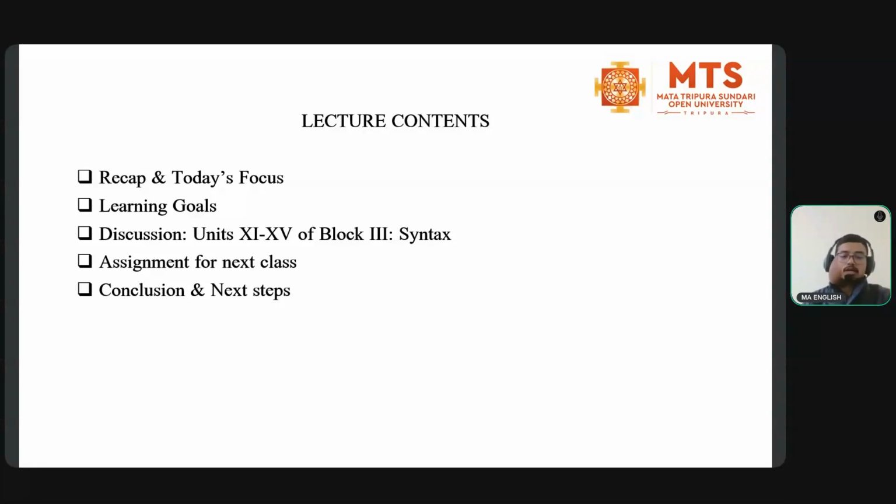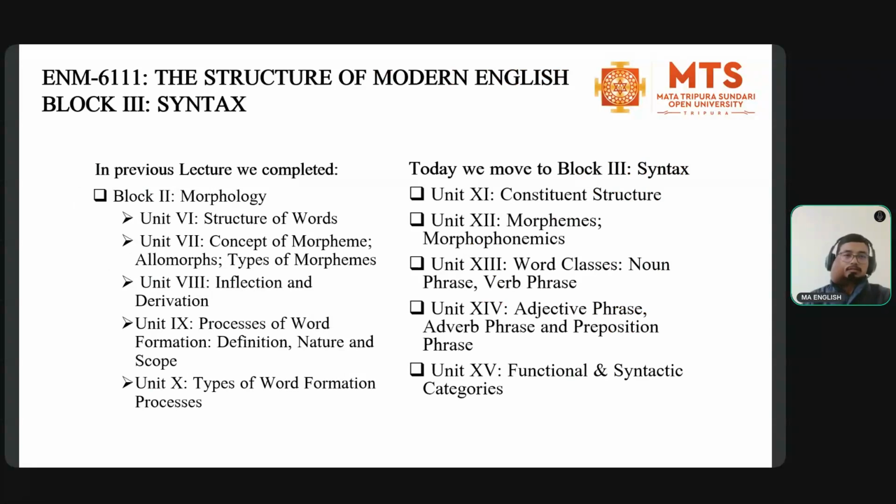So before that, let's move on to the recap of the previous lecture, what we have completed. It is very important to revise what we have already completed in the previous lectures before we start syntax.